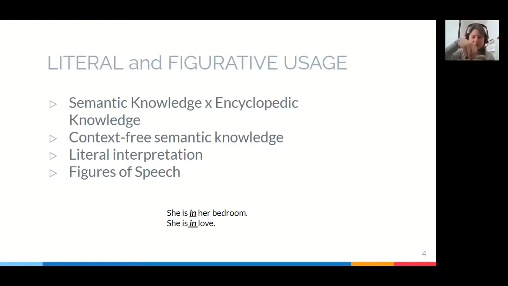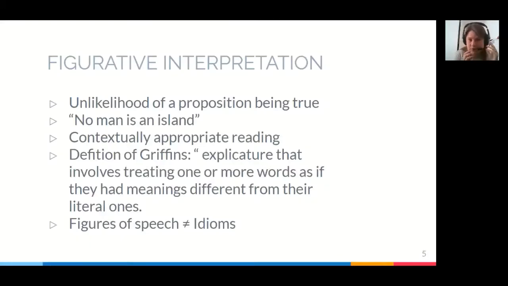Yes, she's not inside of a place called love. So that's the point that we're studying when we study figurative language. And that's where we're going to discuss more examples.